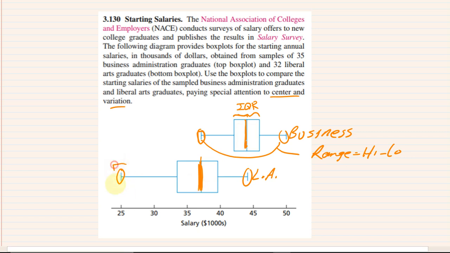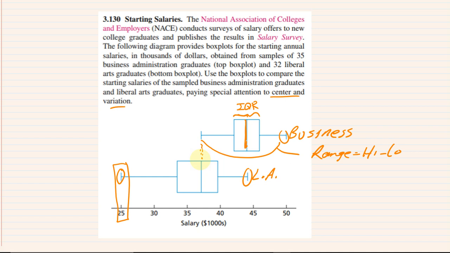It looks like the starting salary is a meager $25,000 a year versus almost the salary here that is about $37,000, right? And one thing that's interesting is that the minimum starting salary of a business major is almost the same as the median of a liberal arts major.